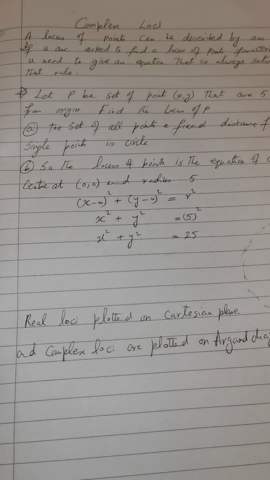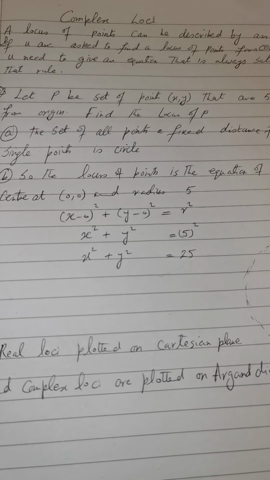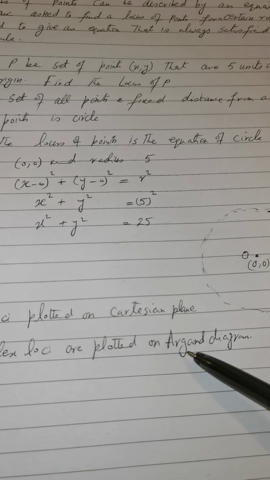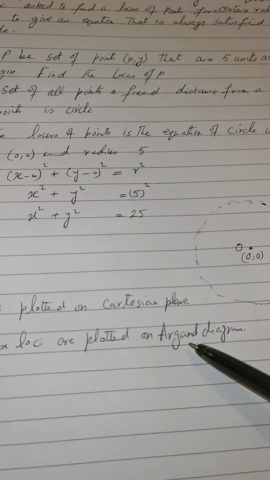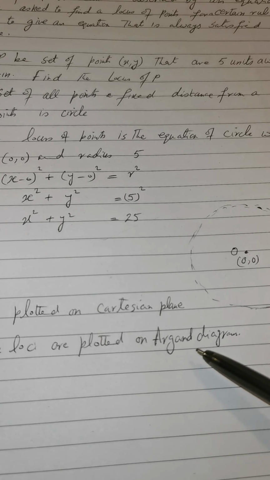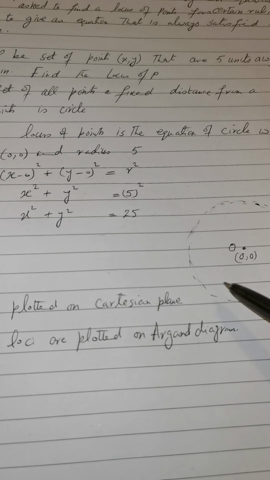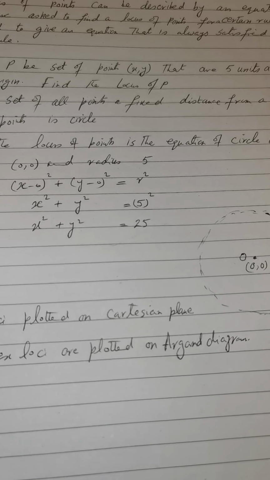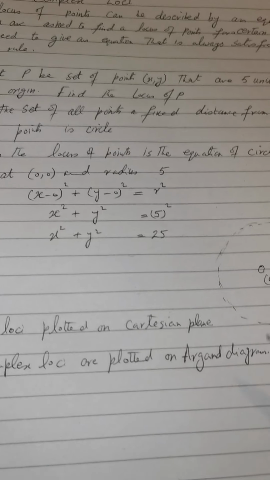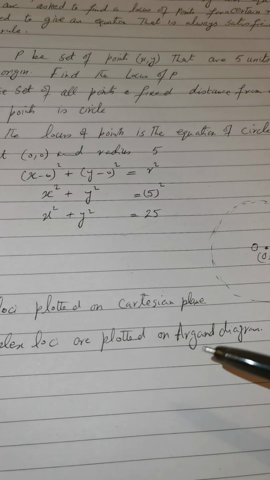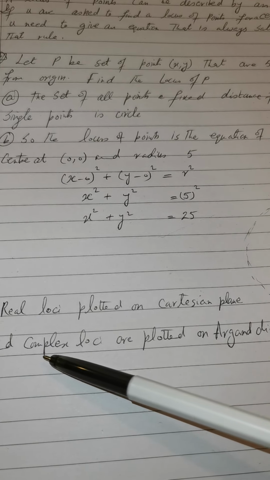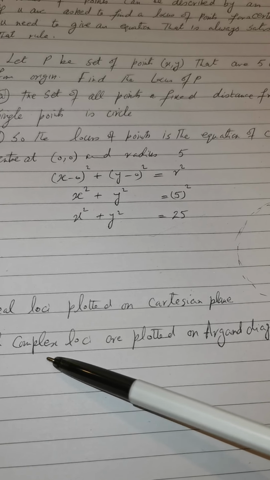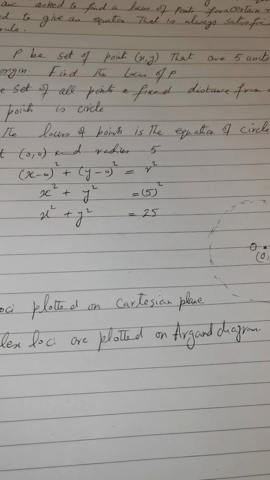As we have discussed, an Argand diagram is similar to the Cartesian plane, but in an Argand diagram we draw imaginary numbers along the y-axis and real numbers along the x-axis. The rules are the same, but as we have to deal with imaginary numbers in complex numbers, we draw them on the Argand diagram.